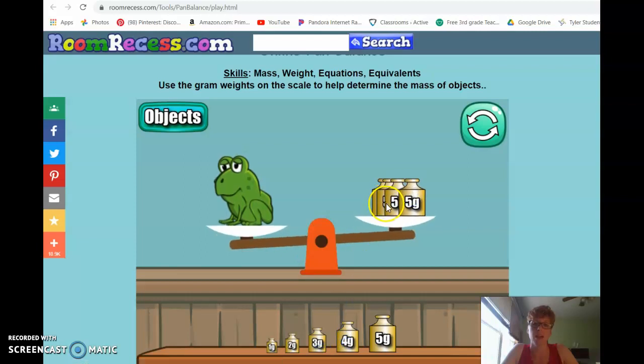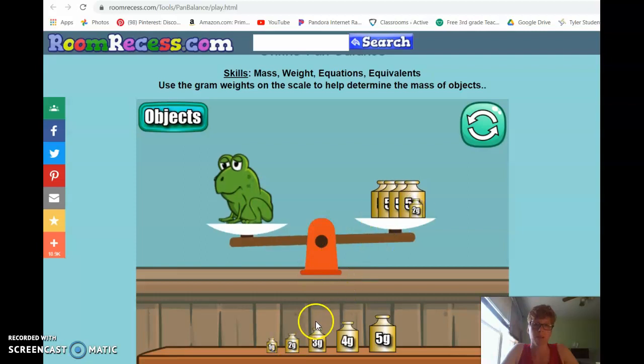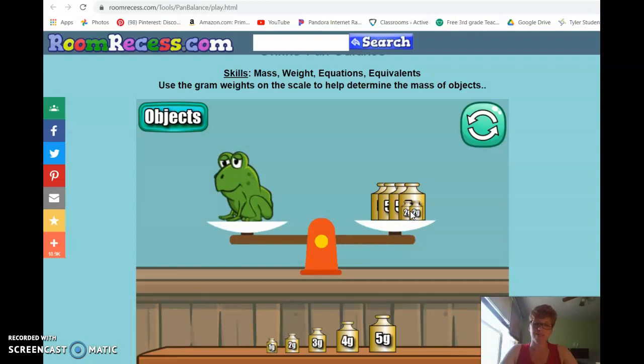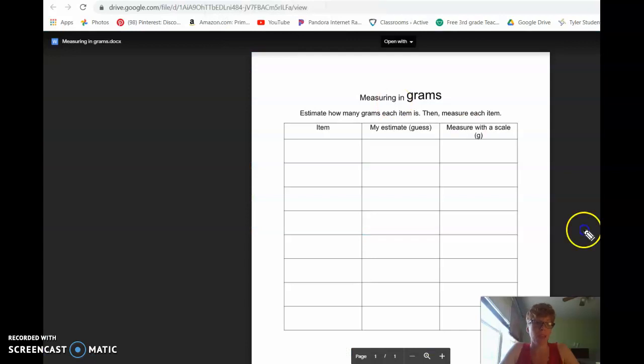So right now I have 5, 10, 15, 20 grams, and I still have a few more grams to go. Let's go for 22 grams. Oh, we're getting close. 24 grams. Look at that. This frog is 24 grams. I really underestimated my frog, didn't I? Sorry, Mr. Frog. So I'm going to go back to my piece of paper, and I estimated 5 grams, but I actually measured 24 grams.